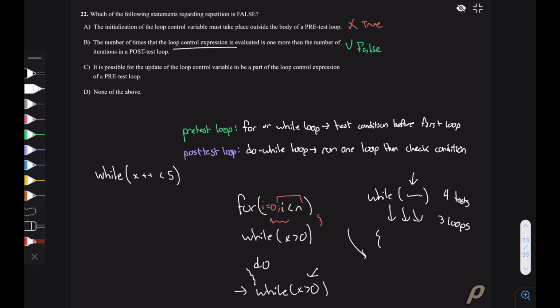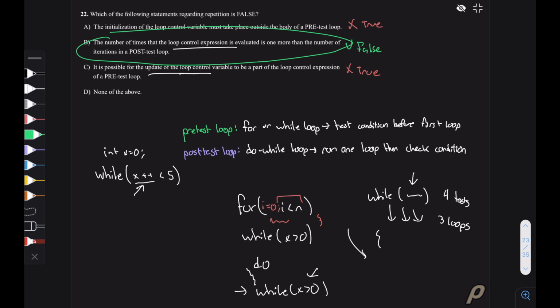So is this allowed? Can we do something like this? Because what we're doing is allowing the update of the loop control variable to be part of the loop control expression, right? This is perfectly legal since we have to initialize x up here anyways. So this would be allowed, which would make this true, which would make B the correct answer.